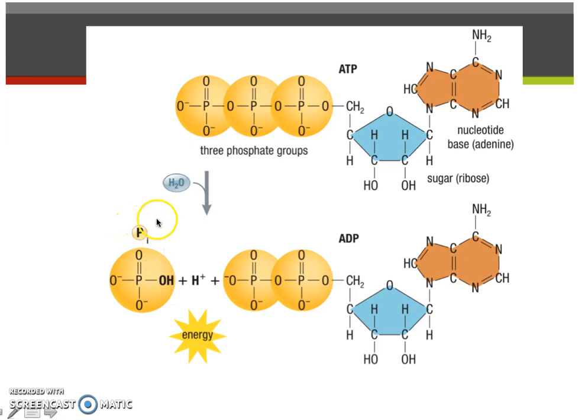We refer to this later as inorganic phosphate. And the big deal is that you get a lot of energy out of this. This other molecule that's left over is now called ADP, adenosine diphosphate, because there's 2 phosphates, instead of ATP, where there are 3 phosphates.